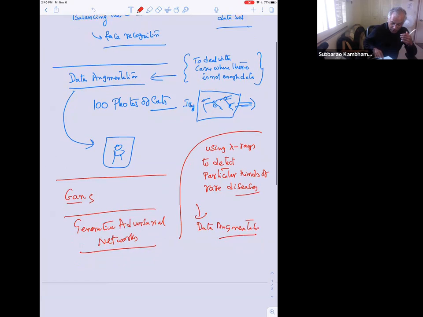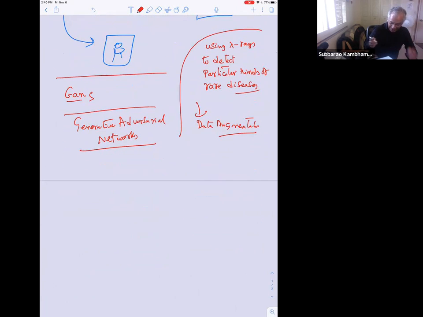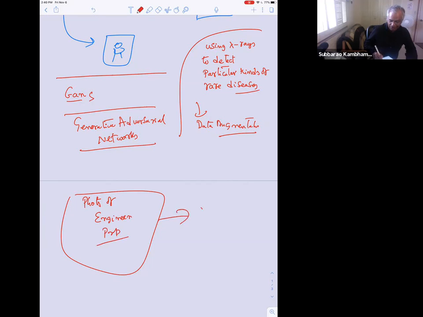In some work that we did, we looked at the photos of engineering professors and then trained a GAN to make up new engineering professor faces.